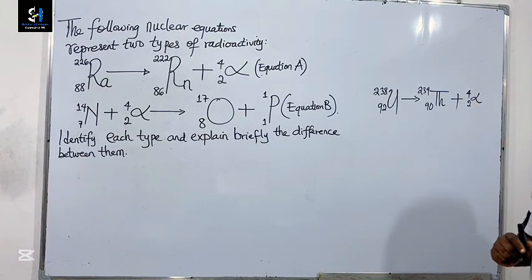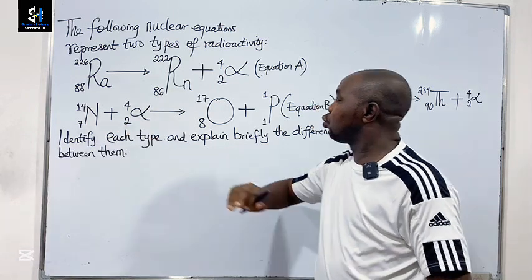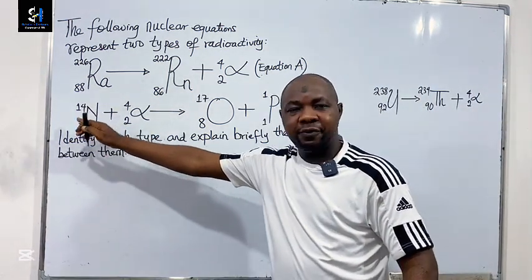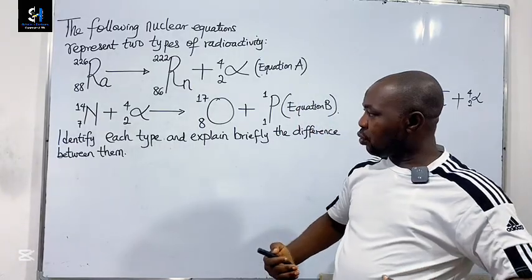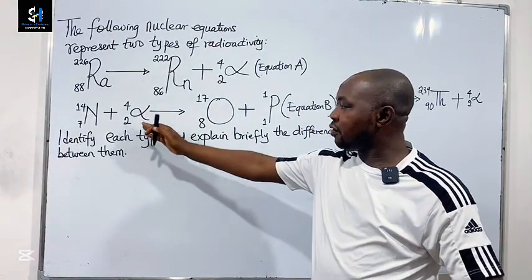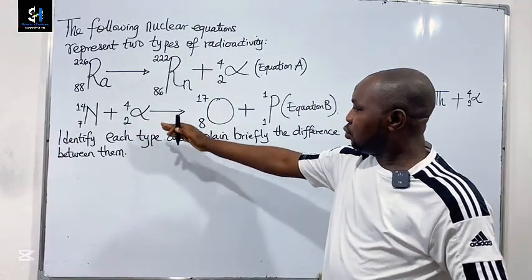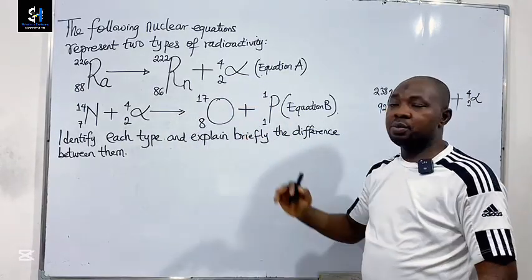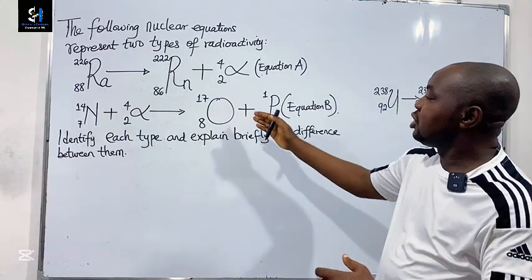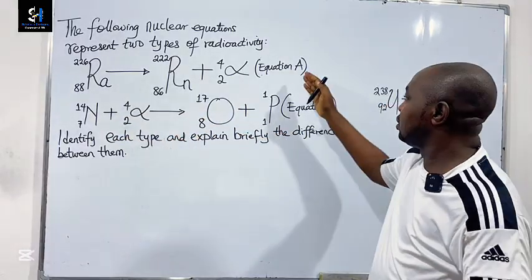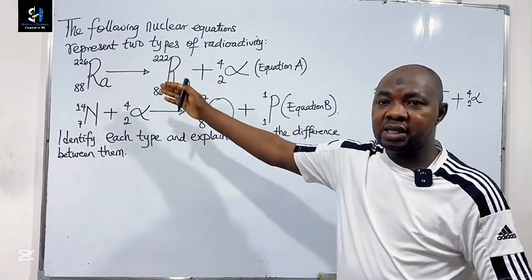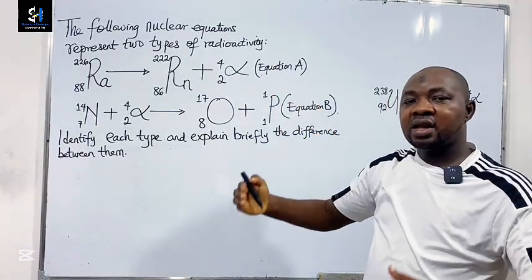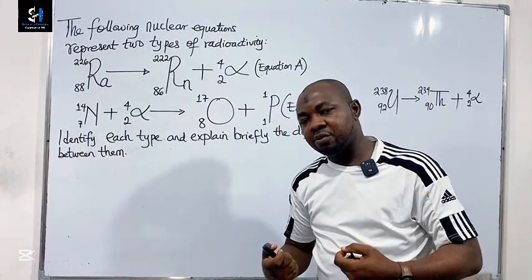Now the second equation: nitrogen-14 is bombarded with an alpha particle, which transmutes into oxygen-17 and a proton. That means this is a nuclear reaction, while the first one is an alpha decay, a spontaneous radioactive process where an alpha particle is emitted from the nucleus.